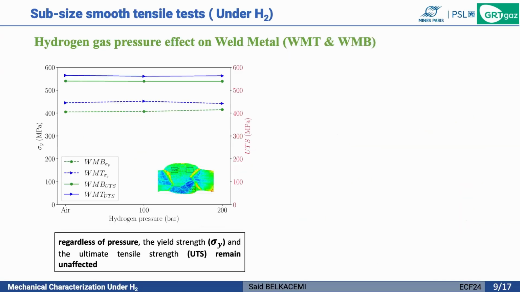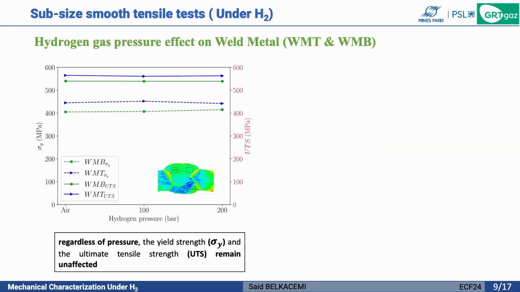Here are the results of the effect of hydrogen on the tensile properties of the weld material. So we have the yield strength and tensile strength under air, 100 and 200 bar. What we see is that the weld metal top exhibits higher yield strength and ultimate tensile strength than the weld metal bottom due to differences in the microstructure.